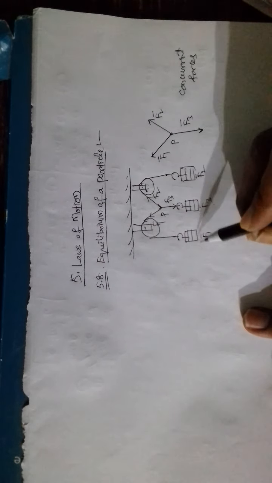Now let us determine the condition. See here, by adjusting the weights here, we adjust the weights such that the point P becomes under equilibrium, or it will be under rest. Until it achieves equilibrium, we change the masses here.